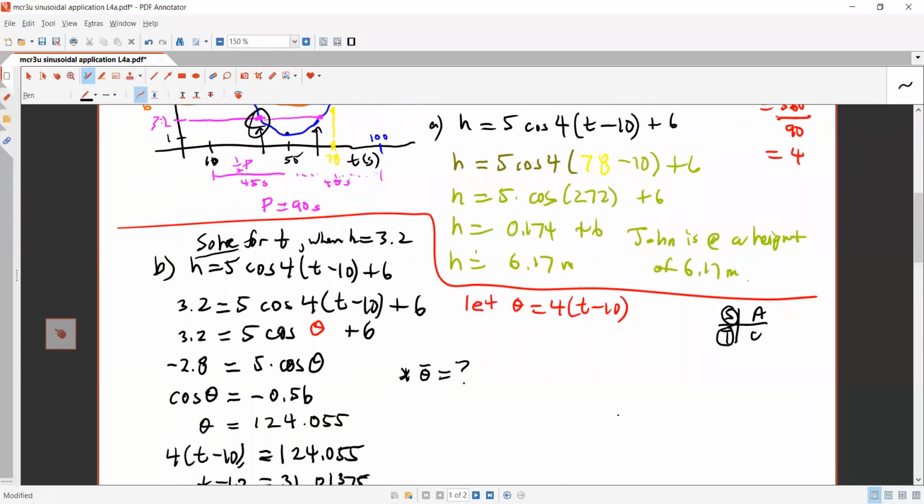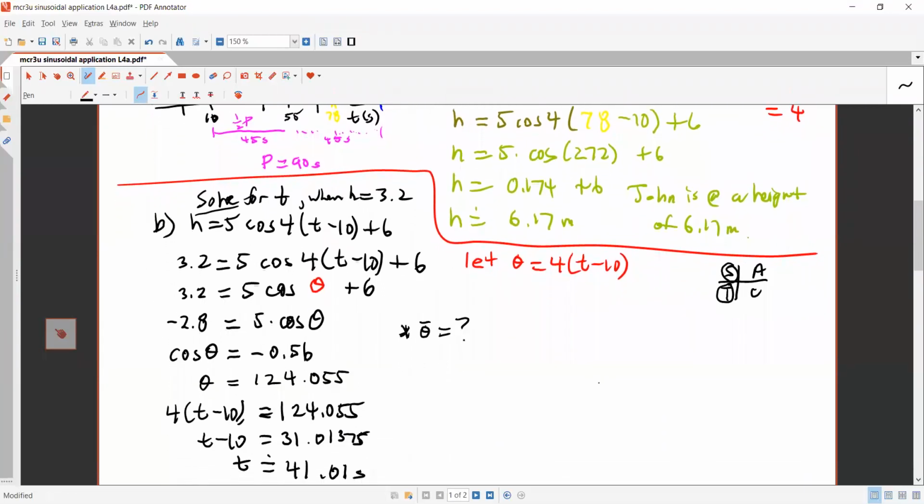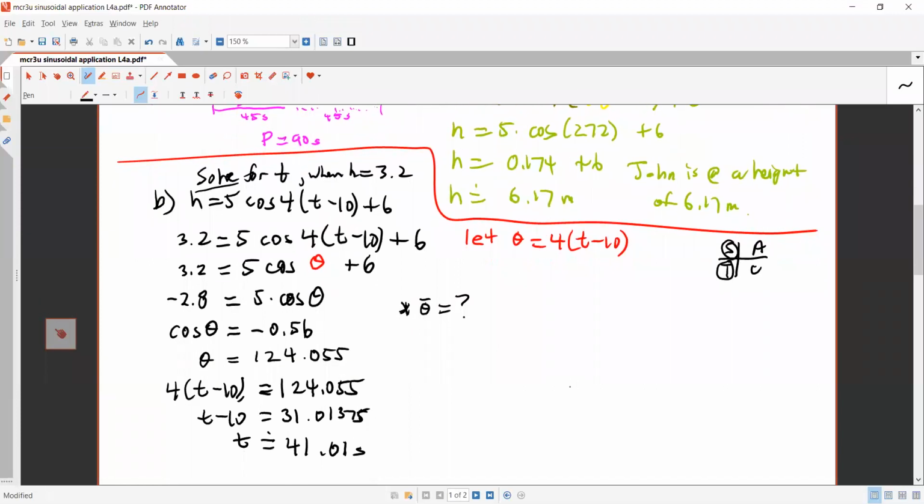It's clearly when John is going down from his maximum to his minimum. So 41.0 seconds to reach a height of 3.2 meters. So that's question B.